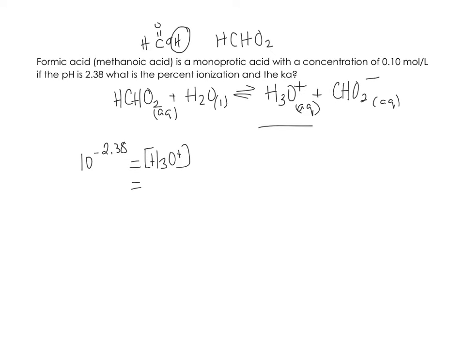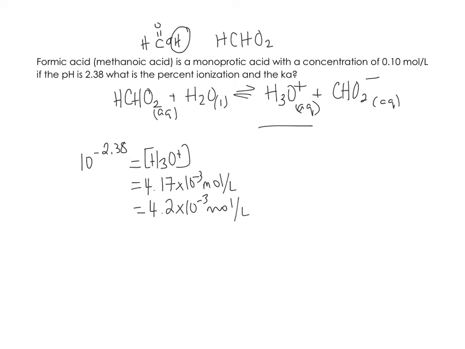So this is 4.17 times 10 to the negative 3 mole per liter. Two significant digits, 4.2 times 10 to the negative 3 mole per liter, because there's 2 decimal places in our pH. So now we know our hydrogen ion concentration at equilibrium.